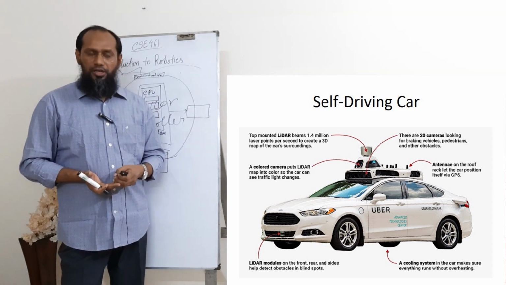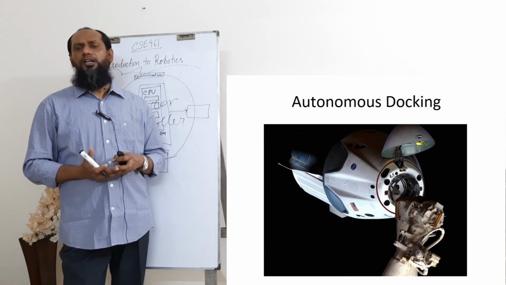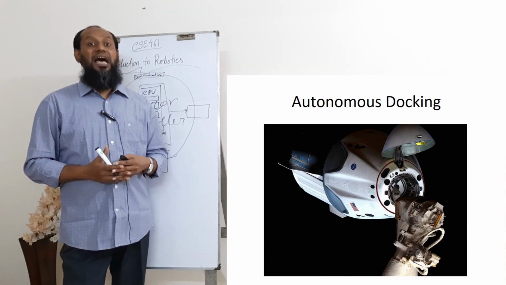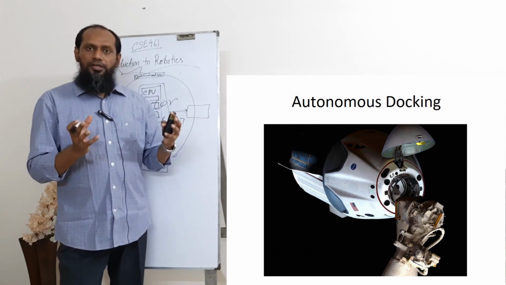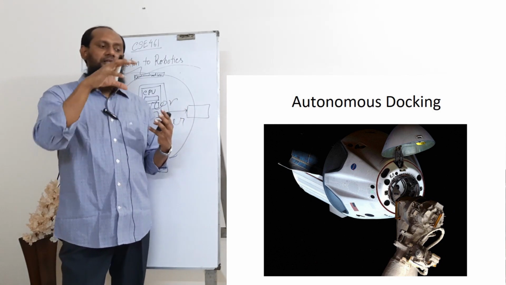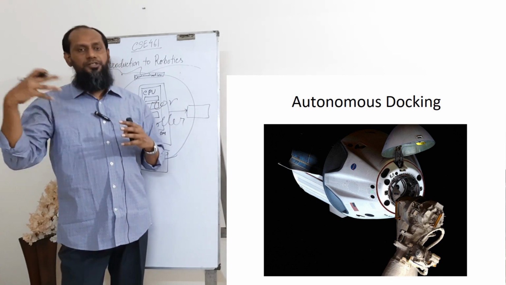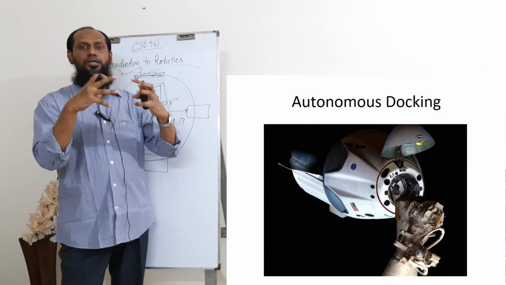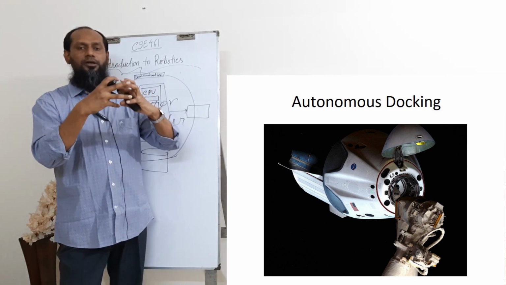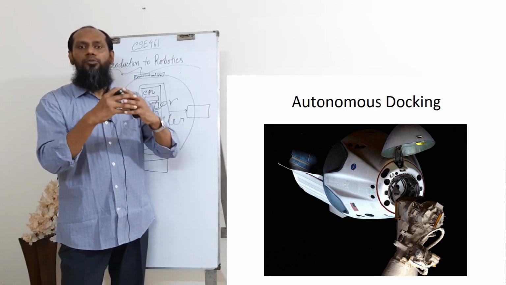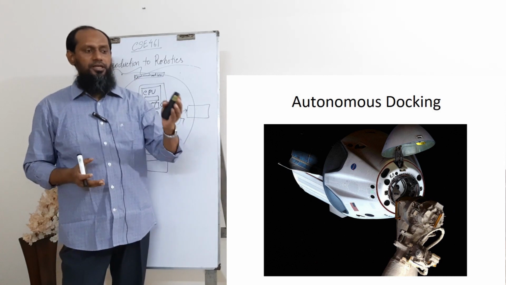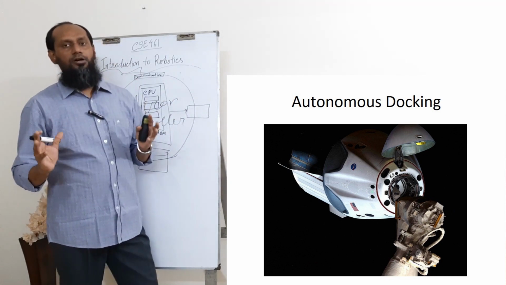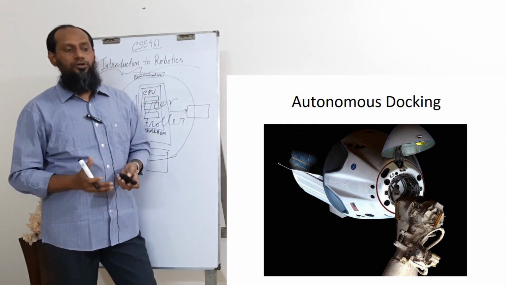Then autonomous docking. I think this is another very interesting autonomous task. One rocket automatically docks with another rocket or another part of the International Space Station. Both of them communicate with each other and dock together. So this is a very interesting application in robotics.